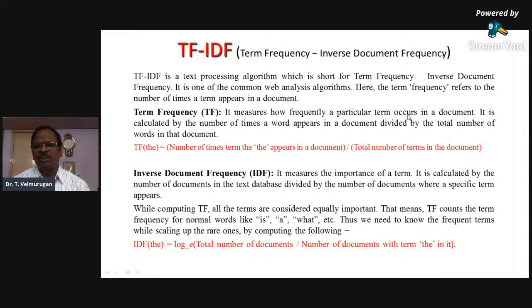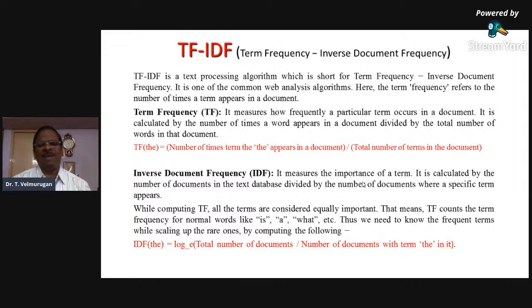Here the term frequency refers to the number of times a term appears in a document. Suppose you have medical oriented hospital data and you want to find out how many times the word diabetes appears in a particular database.